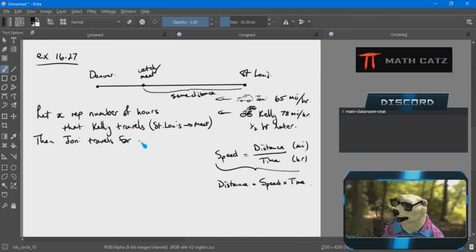Joni travels half an hour more, so x plus 1/2. We are going to construct an equation by comparing distances. The distance that Kelly traveled is going to be the same as the distance that Joni traveled.